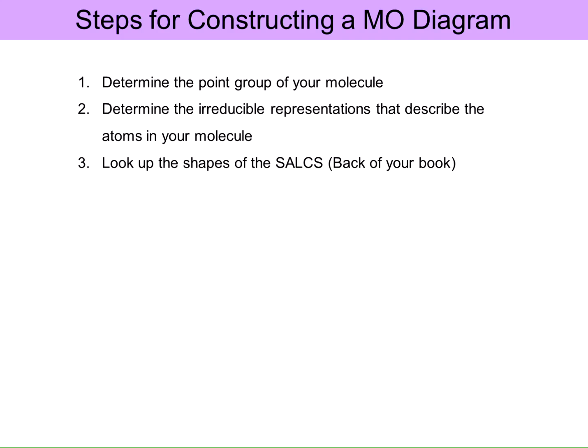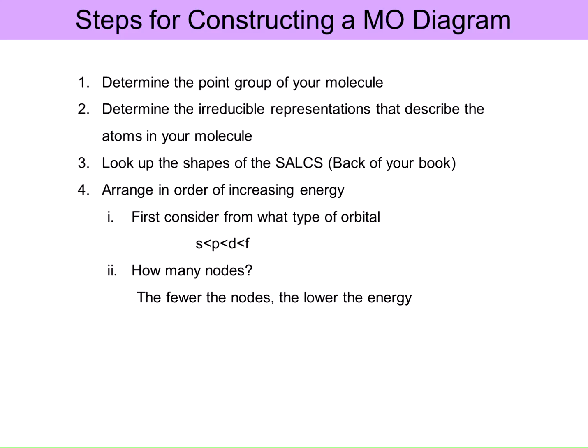Once you have the irreducible representations, then you're going to look up the shapes of these SALCs, and these are in the back of your book. And the SALCs are just these symmetry adapted linear combinations. Then you're going to arrange the molecular orbitals in order of increasing energy. So lowest energy goes to the bottom, highest energy goes up at the top.